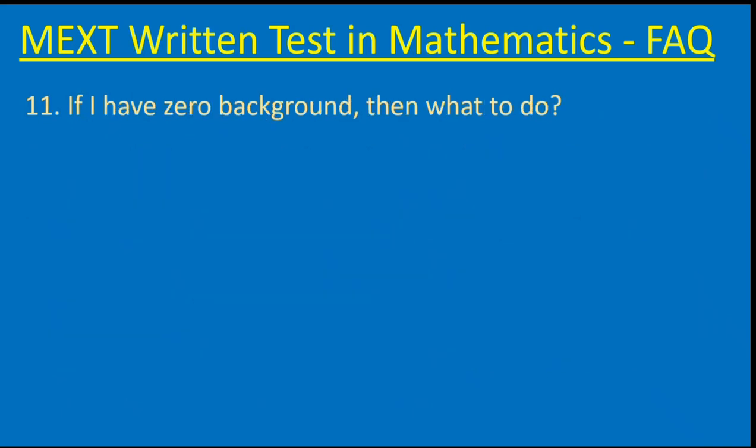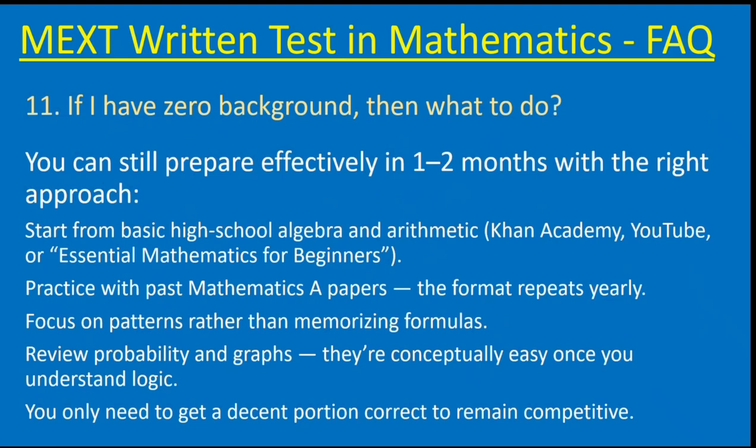If I have zero background, then what to do? You can still prepare effectively in 1 to 2 months with the right approach. So this means if a student who is currently studying humanities or social sciences in the +2 and doesn't have a mathematics background or didn't get enough score in class 10th, and some students are afraid of mathematics.